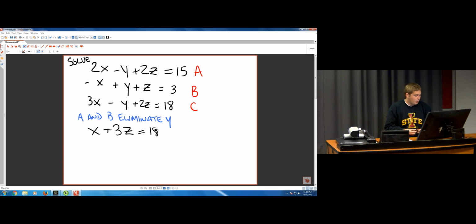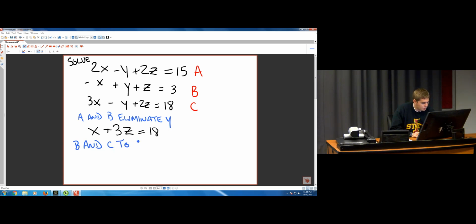Now that we've gotten rid of one variable, we've solved for two. Now this is something we should feel a little more comfortable with. Now, we want to do that with B and C next. So we want to use B and C to eliminate.